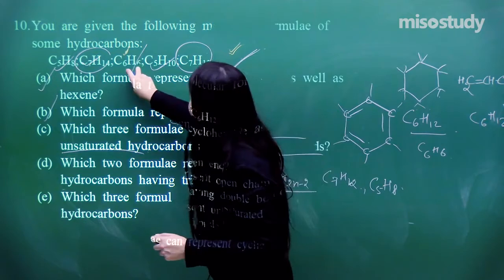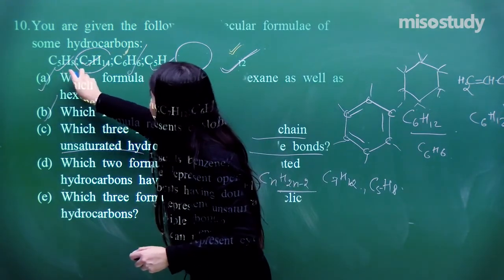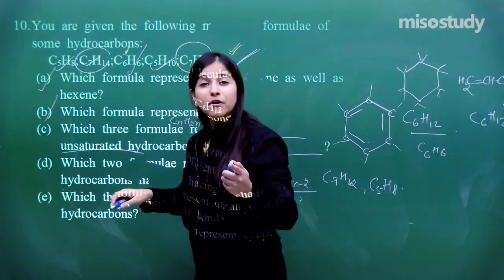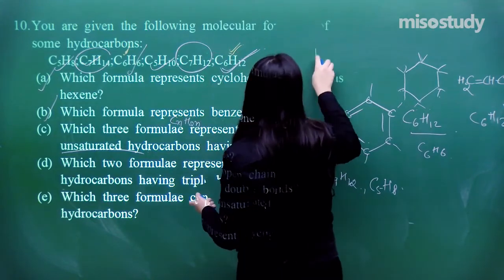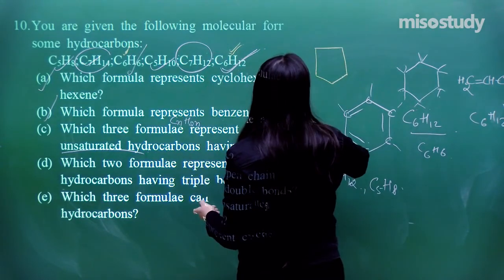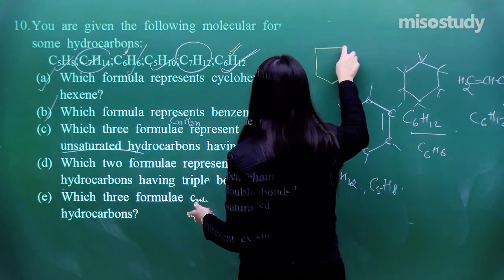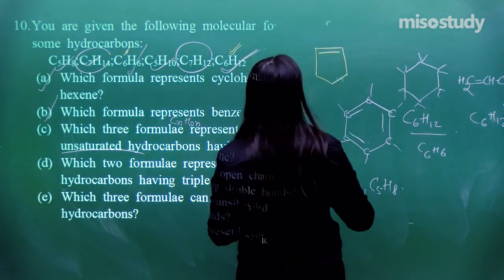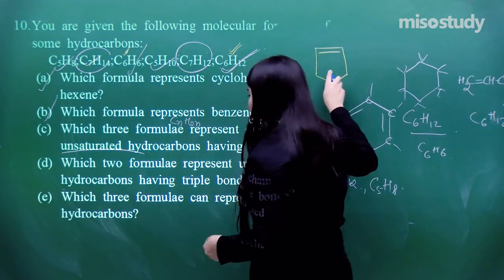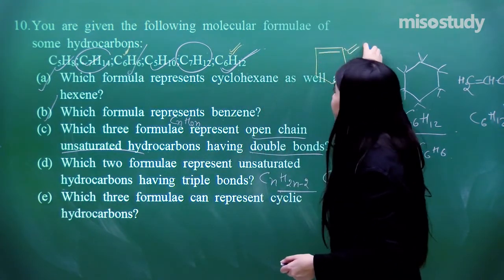So, see here, one option is C5H8. Can I make any compound related to that? Let's see. C5 and H8. 1, 2, 3, 4, 5, 6, 7, 8, 9, 10. Can I do that? Yes. This is also done. Yes, this can be a cyclic compound.